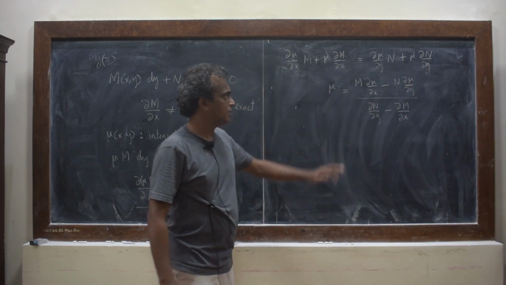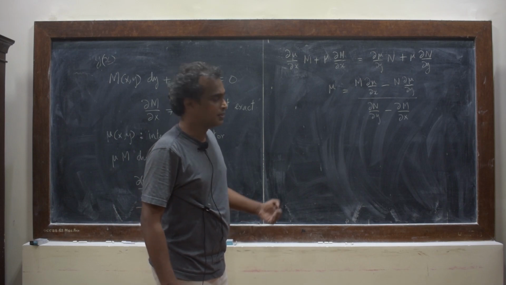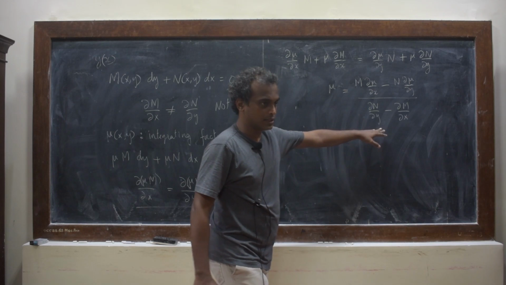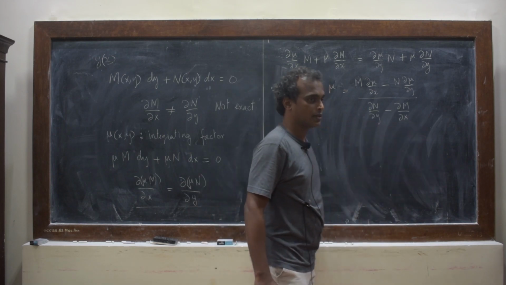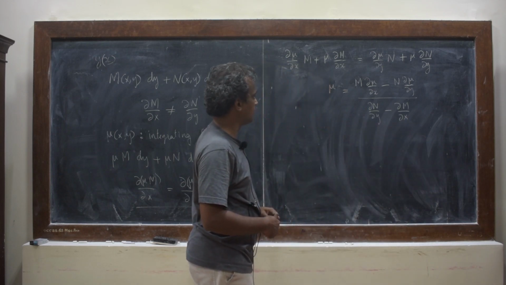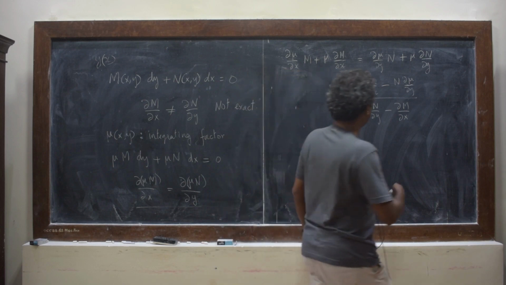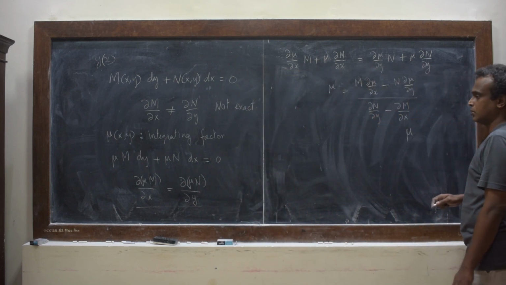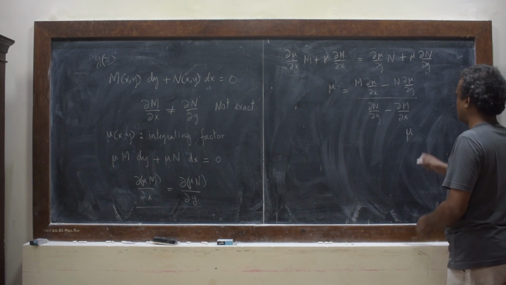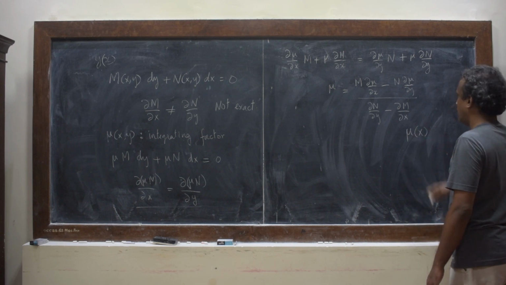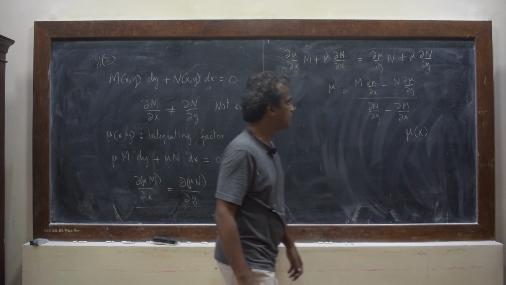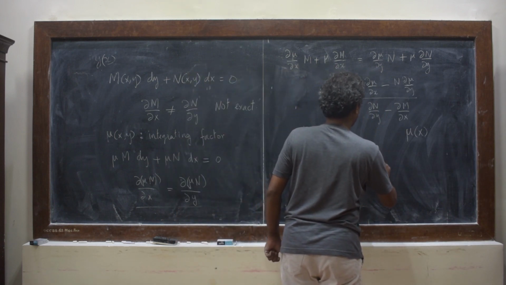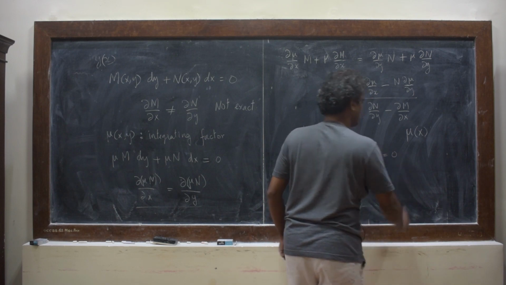Now, such an equation can be made easier, or the integrating factor, which is in general of this form, can be obtained in cases where mu is chosen to be a function only of x, such that del mu over del y is 0.